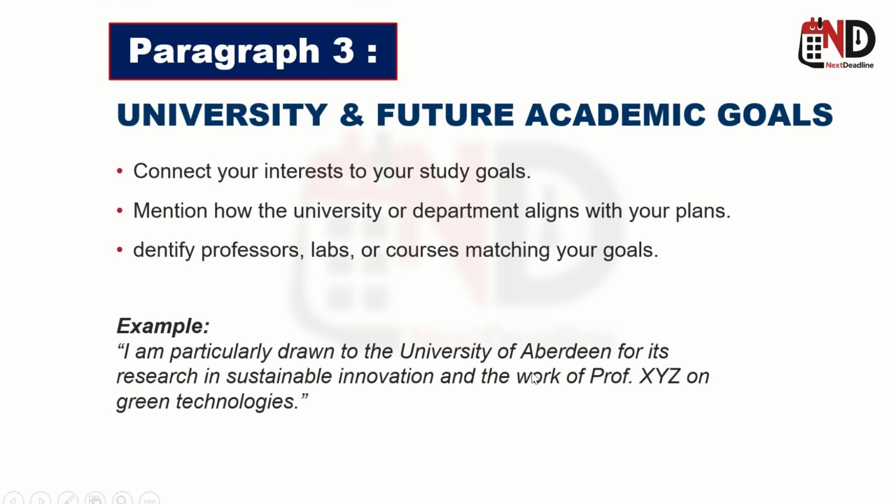For the University of Aberdeen, I don't have the right to mention the prof's name here, but it will entice the prof. Let's assume the prof is one of the admission committee. He will be very happy that you like his area of expertise. It shows that you've done research very well in your course of study.